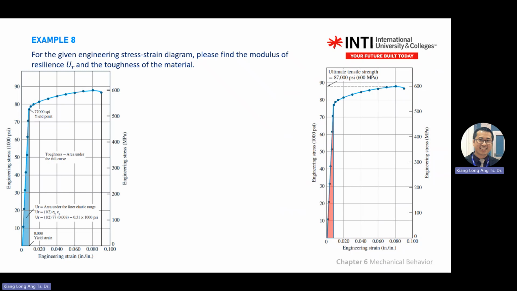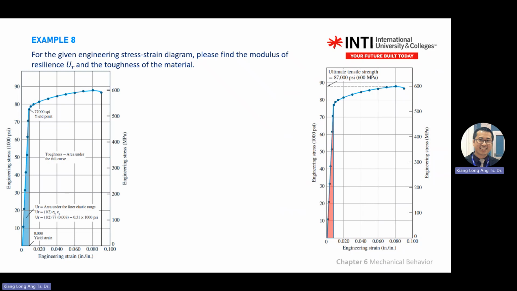The graph is a bit small, but if you download it from the tutorial question, you should be able to find it. If you see the graph on the left, the U point will arrive at, okay, this one is in PSI. If you extend to the left, it is in megapascal.